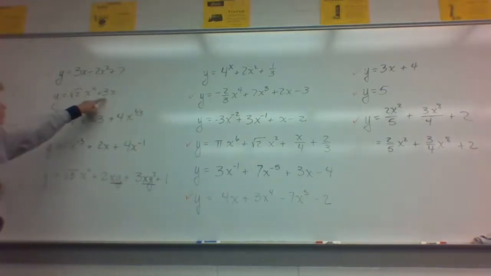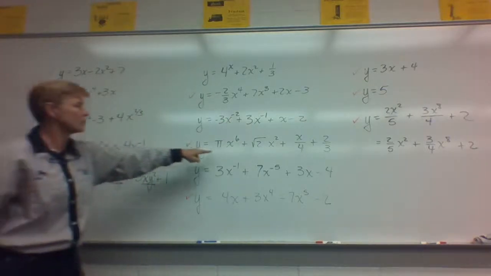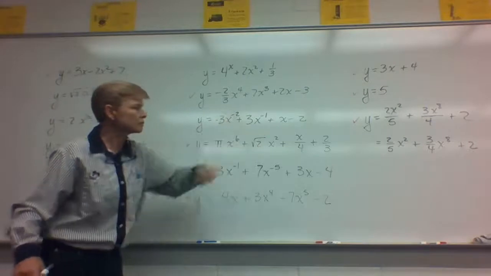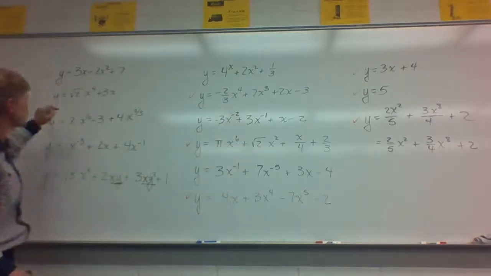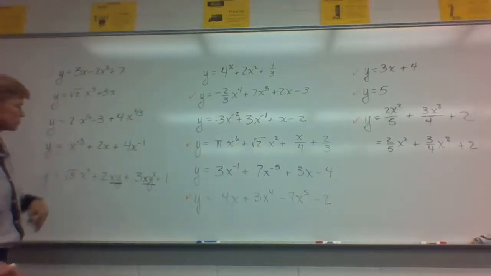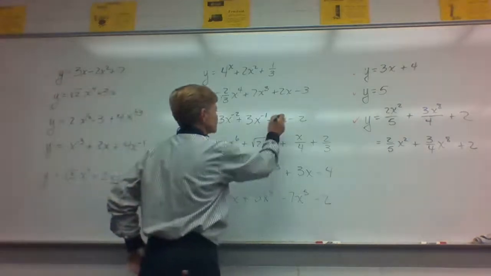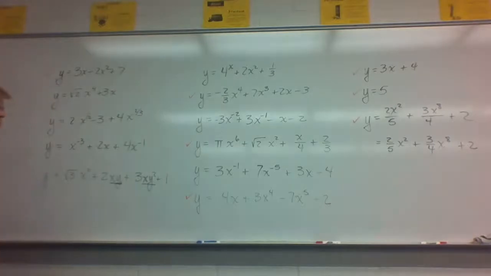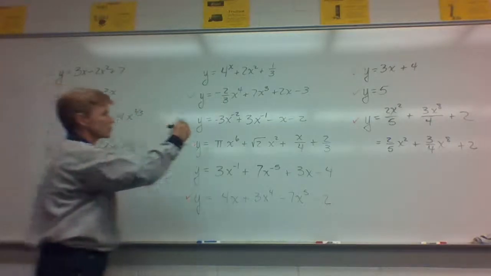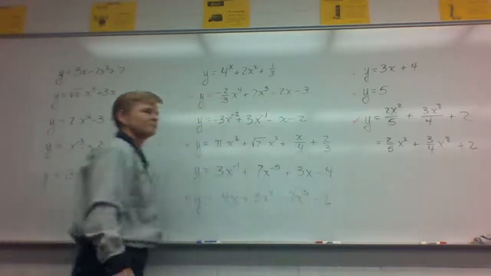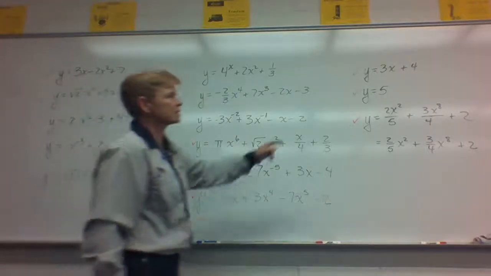But the numbers in front can be anything real. Fractions, irrationals, whole numbers, negative numbers. Where's a negative number? I'll do it right here. There's a negative number. Still a polynomial. Still not a polynomial. This is a polynomial. There we go. Even this is a polynomial.